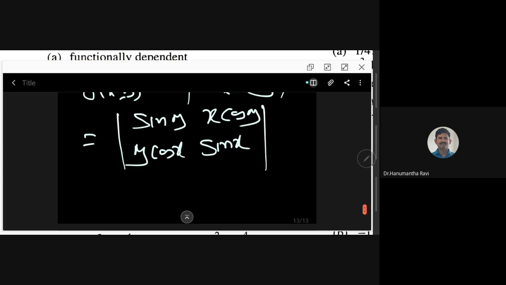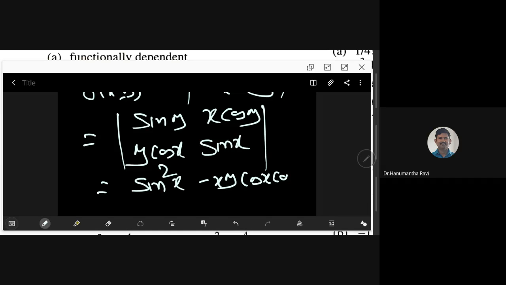So this is equal to, okay, sorry, not sin square x here.